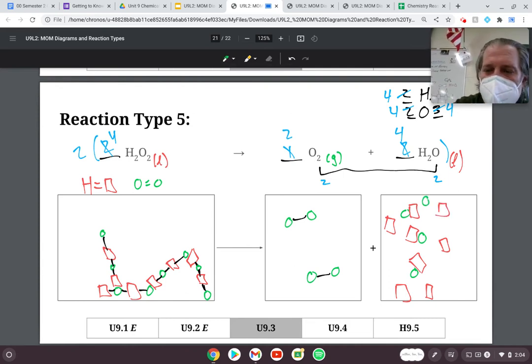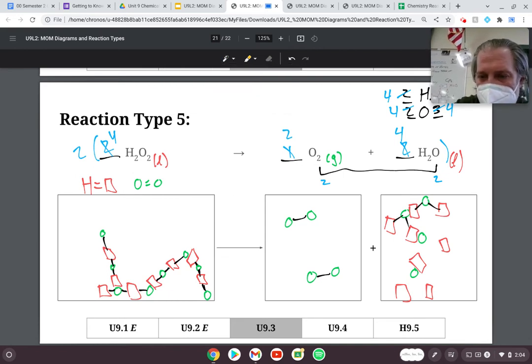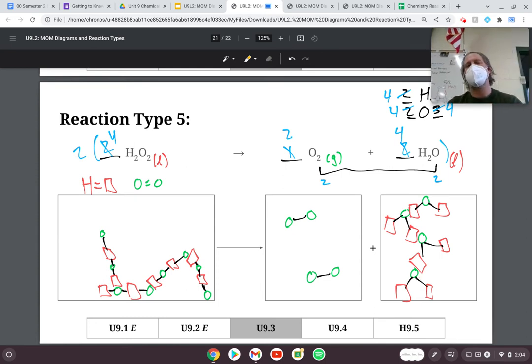And again, with my liquids, I'm trying really hard to show that they are touching, but they are disorganized. So that's reaction type number 5 in terms of a model of matter diagram.